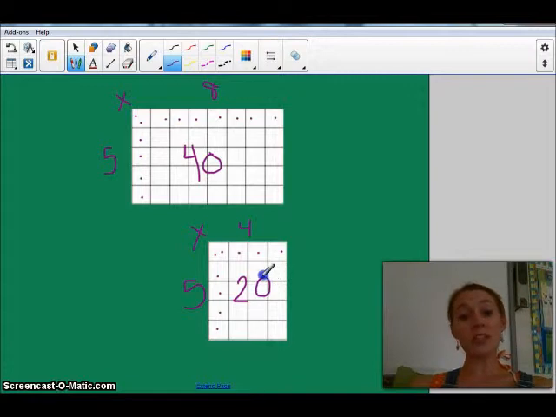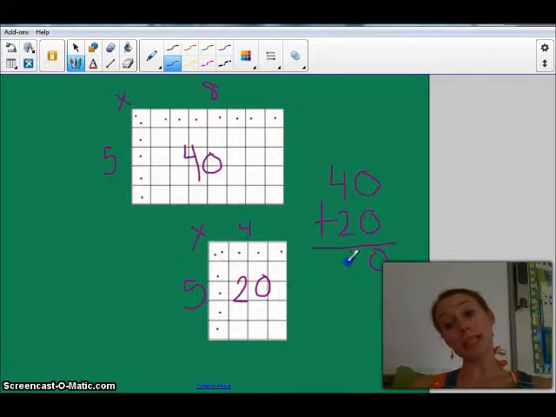Well, remember I took the shapes apart, so I have to put them back together. So 40 plus 20. 0 plus 0 is 0 and 4 plus 2 is 6.